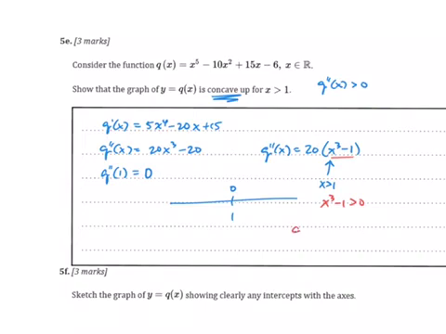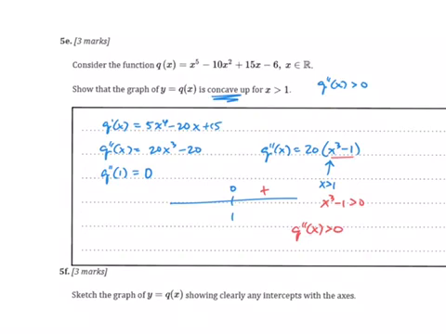And therefore, q double prime of x would be greater than 0. So we know the second derivative would be positive to the right. Therefore, we're just going to do a sign analysis here. It would be concave up for x greater than 1.